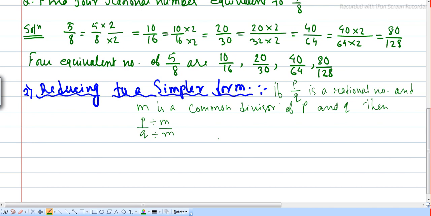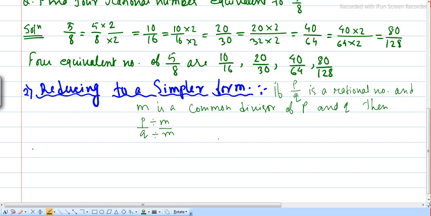So P by Q divided by M, P divided by M by Q divided by M, is the reduced form of the rational number. Okay.